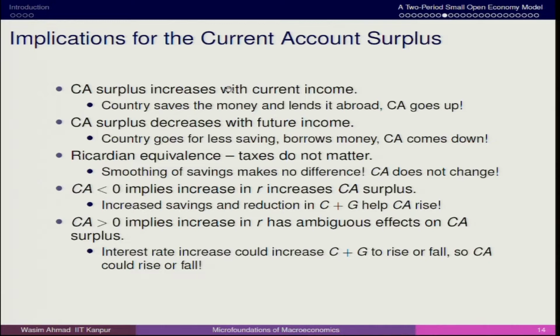The current account surplus increases with current income, which means that if your current income is increasing, this comes from the consumer behavior we discussed in consumption: if current income increases, individuals would like to save. So, in the context of the open economy at the country level, what does it imply? It implies that the country will be saving, because the country expects that income is increasing in the current period.